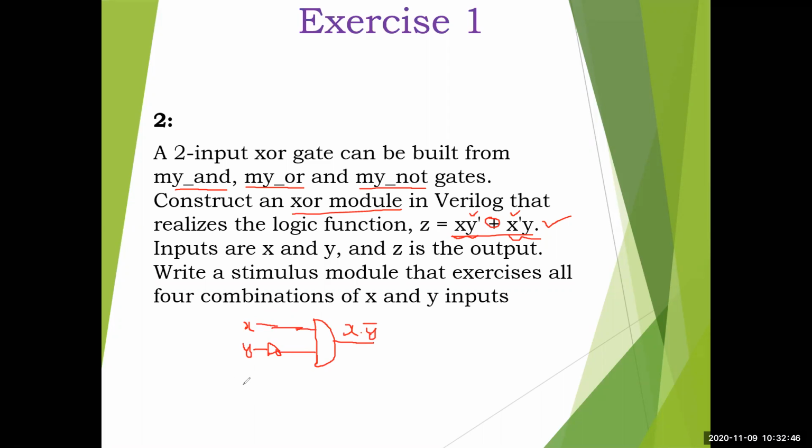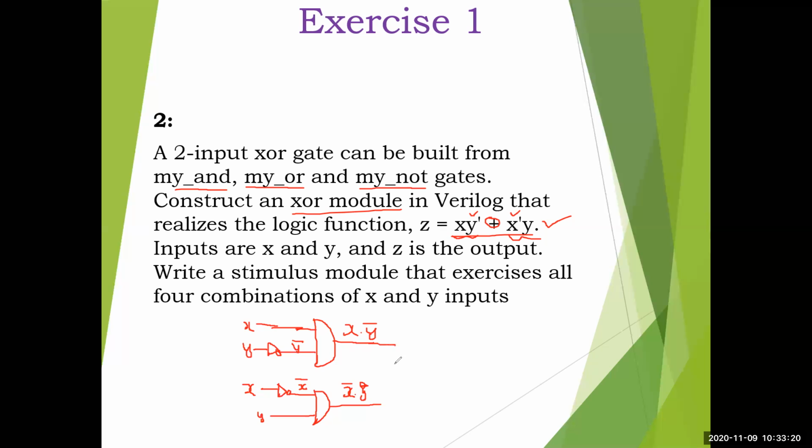Then similarly x bar y you have to implement, so the x NOT gate you have to connect. Here y bar is there, and here now x bar will come. Output of this, and then y will be as it is given. So this AND gate will construct x bar dot y.